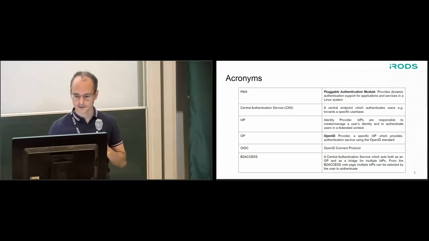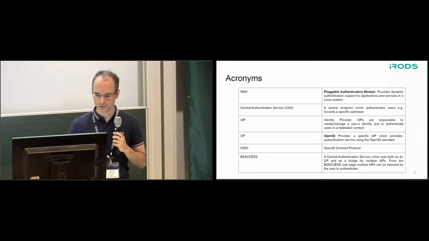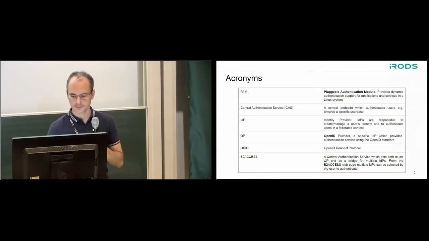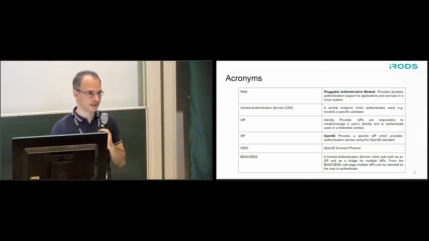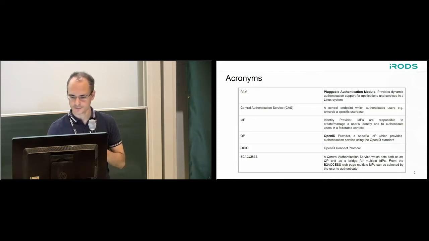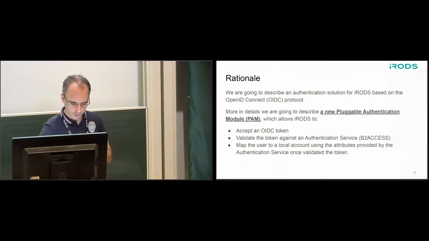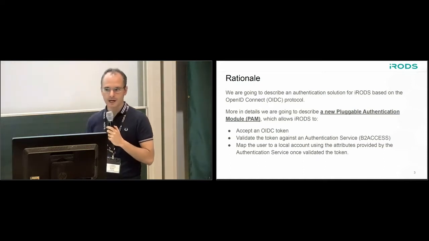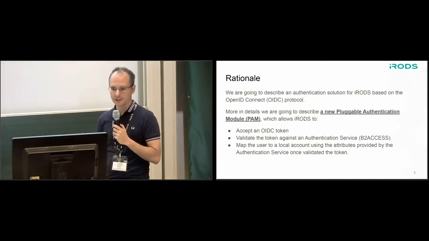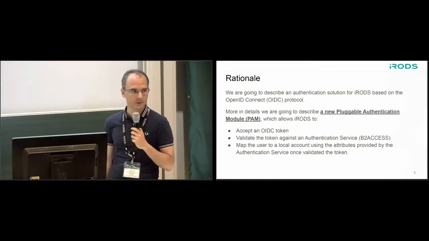The OP is an OpenID provider, and the OIDC is the OpenID Connect Protocol. The B2Access is the general authentication system in EUDAT, and can act both as an IDP and as a bridge for other services. What we are going to do now is to describe this authentication solution for iRODS that we implemented in CINECA based on the OIDC protocol.